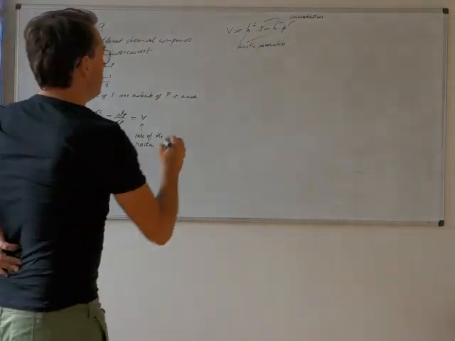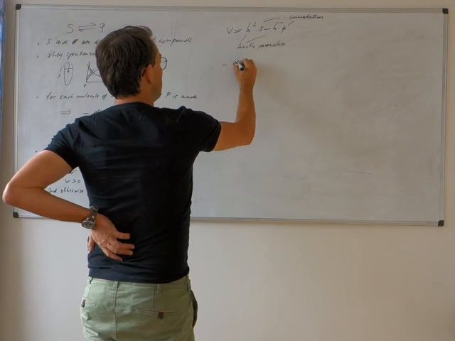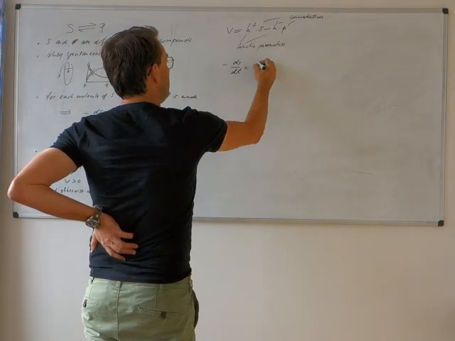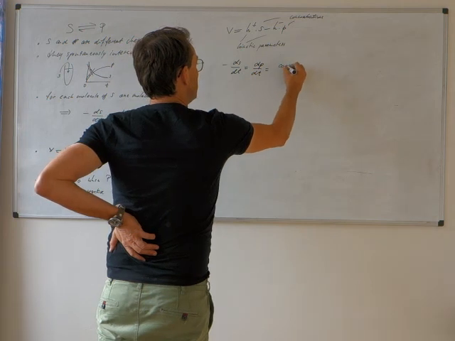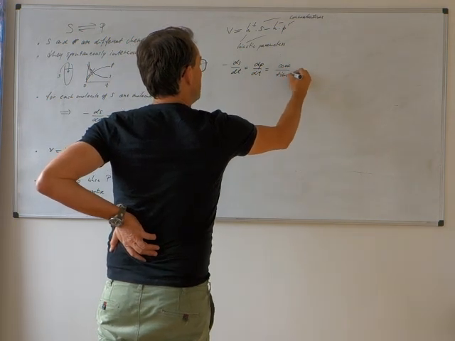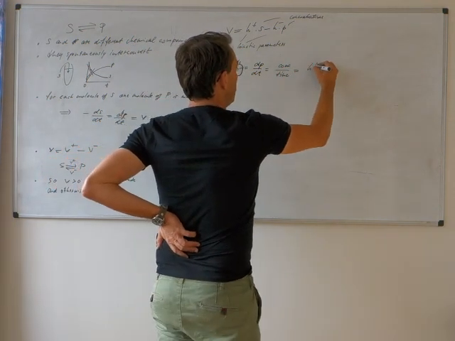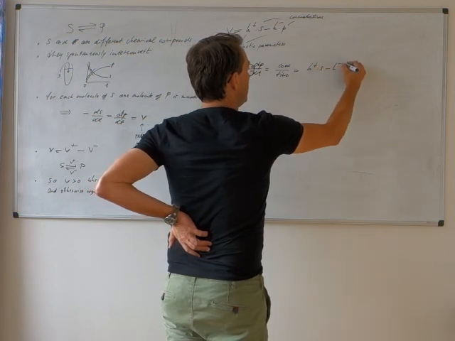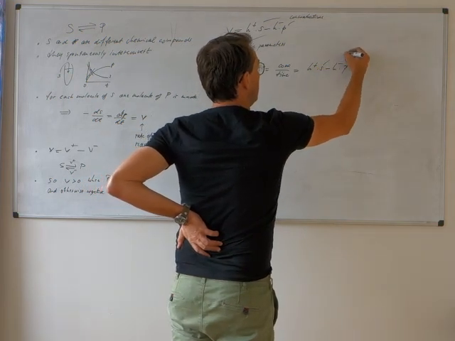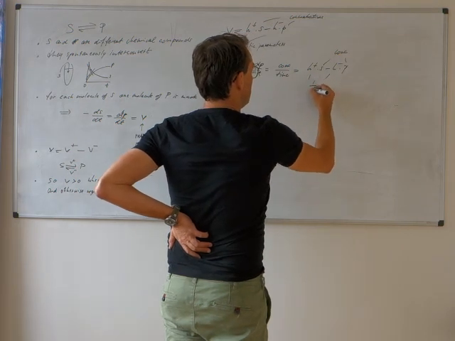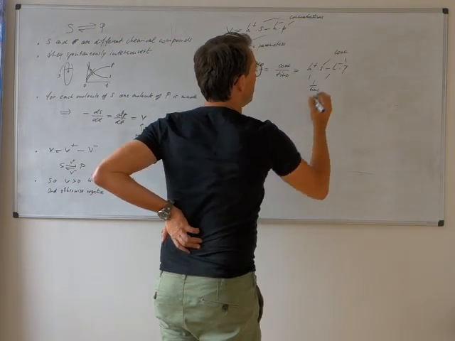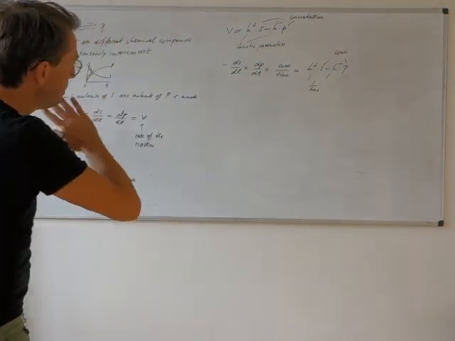You know that the unit of dS/dt and dP/dt is concentration per time. So this needs to equal K plus times S minus K minus times P. These are in unit concentration, so K plus and K minus need to be in unit 1 over time. So we know now all the units.